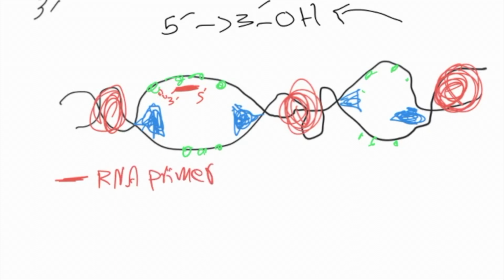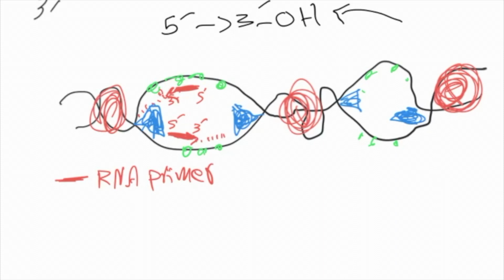So for DNA to be able to replicate itself, it depends on a short piece of RNA, and on both strands these RNA pieces are created, and then the DNA can be polymerized in this way, and in the opposite strand it would go the other way.